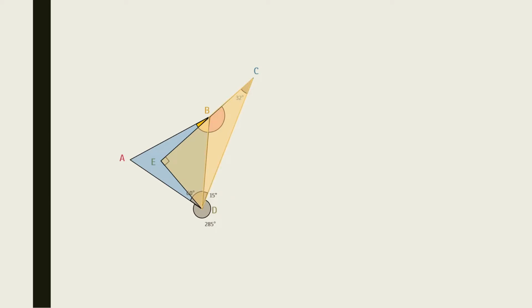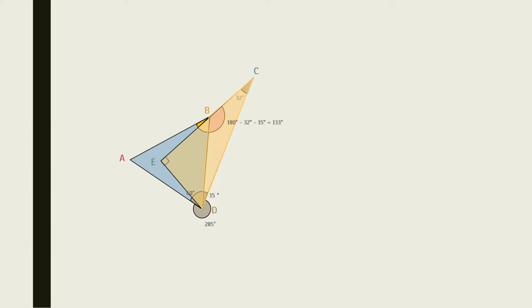Note that DBC is a triangle itself, and we know that all angles in the triangle sum up to 180 degrees. Using this property, we can easily deduce that angle DBC, one of our mystery angles, is 133 degrees.